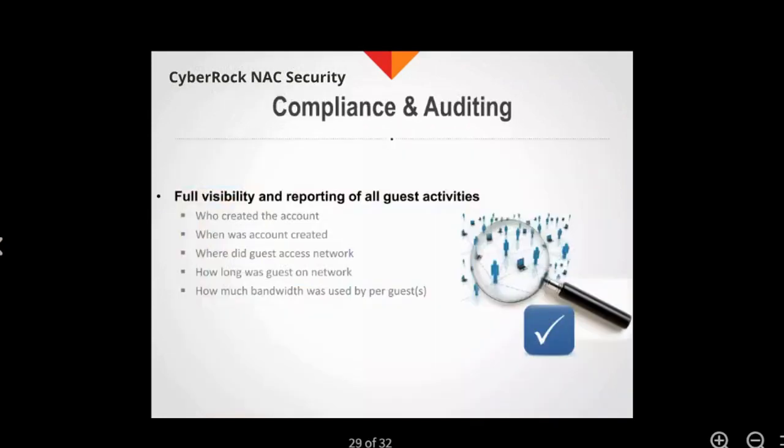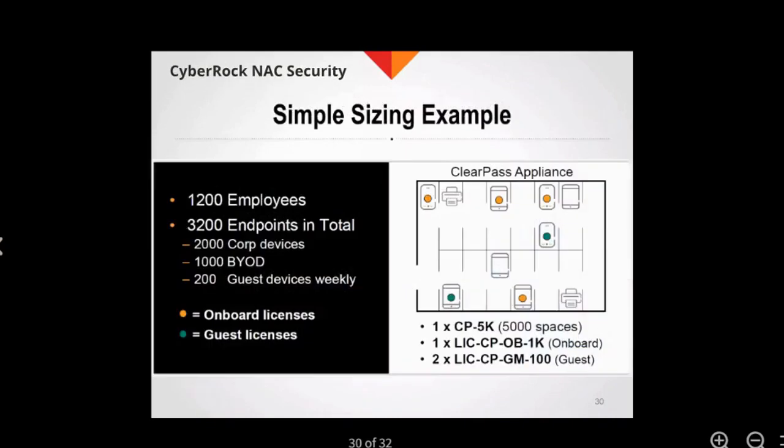Clearpass integrates with a wide range of networking equipment, security systems, and third-party applications. It supports integration with Aruba's portfolio of networking products as well as other vendor solutions. Overall, Aruba Clearpass is a robust and scalable solution that helps organizations secure their networks, streamline access management, and ensure compliance with their security policies.